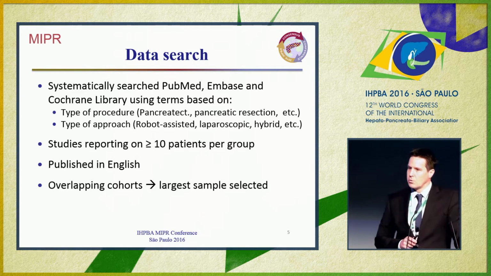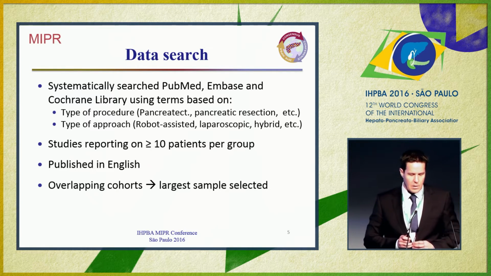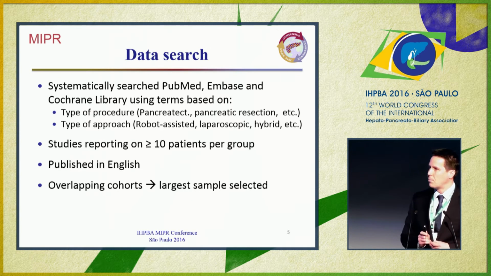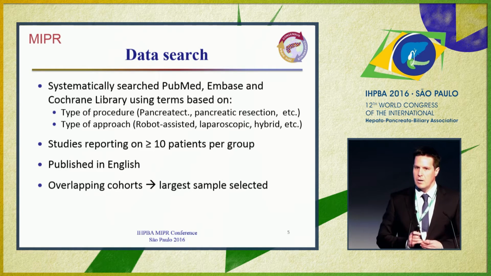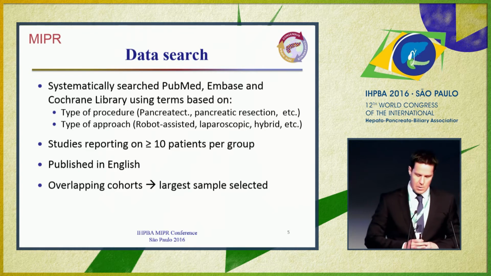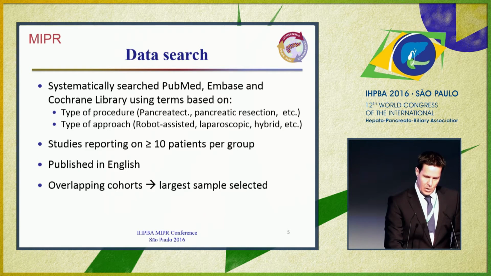We excluded also studies that were reported in another language than English. And the last point is very important to me: excluded were also overlapping cohorts. As you know, there are duplicate or multiple publications out there, and only the largest one sample was included in these analyses. And we have to deal in the following with a lot of data.